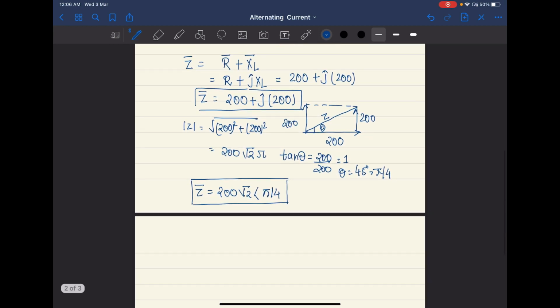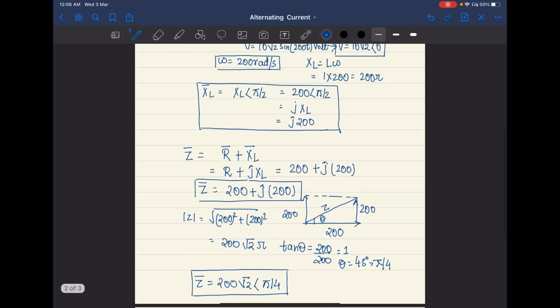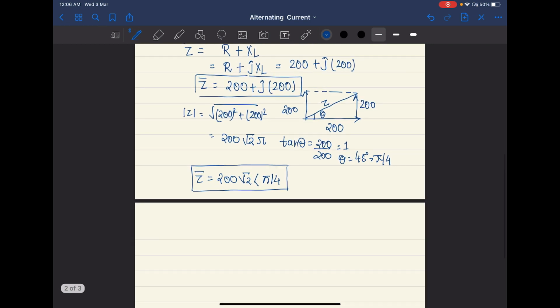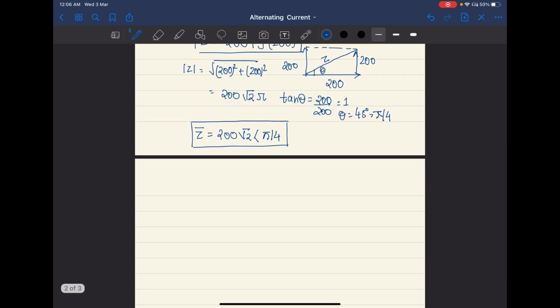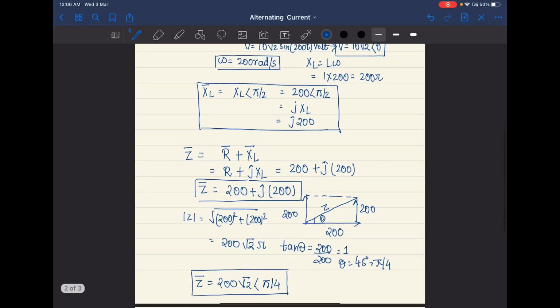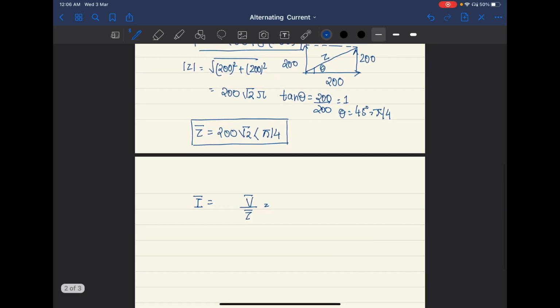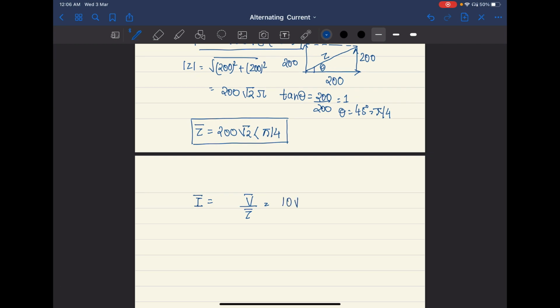Now we already have information about the V phasor and the Z phasor. So the current phasor I can be written as V phasor divided by Z phasor. V phasor is 10 root 2 angle 0, divided by Z phasor, 200 root 2 angle pi by 4.